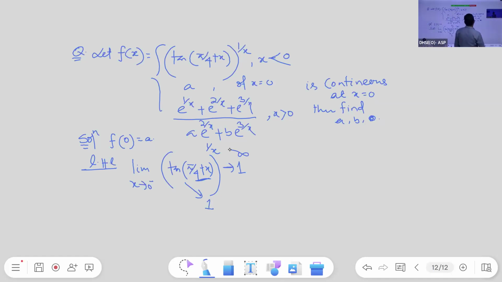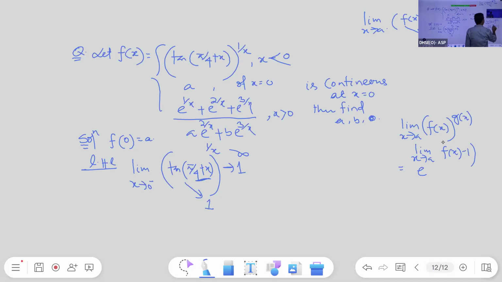When I was taking the limit class, I told you that if a function, limit x tending to a of f of x raised to the power g of x, has the base function approaching 1 and the power function approaching infinity, that is, if the limit takes the form 1 raised to the power infinity, then limit x tending to a of f of x raised to the power g of x equals e raised to the power limit x tending to a of base function minus 1 into power function.